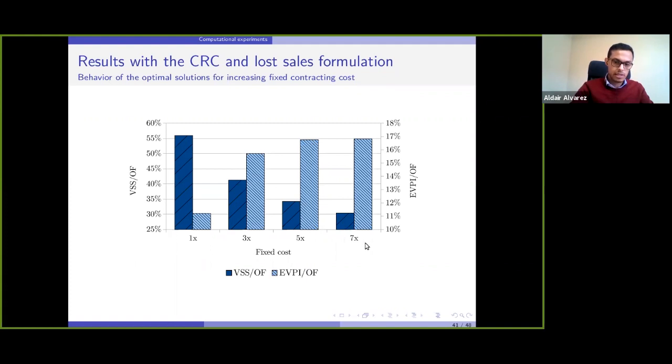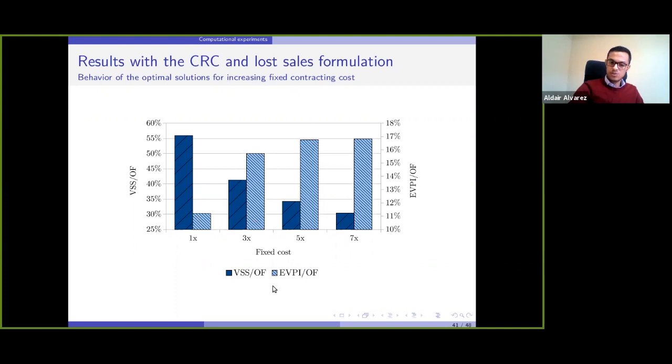However, even for a case in which we increase by 7 times the fixed value, the relative value of the stochastic solution is still high. So it again highlights that it's important to consider uncertainties, and more importantly in this case, because you need to make that decision in a very accurate way, because otherwise it will result in a very big loss.